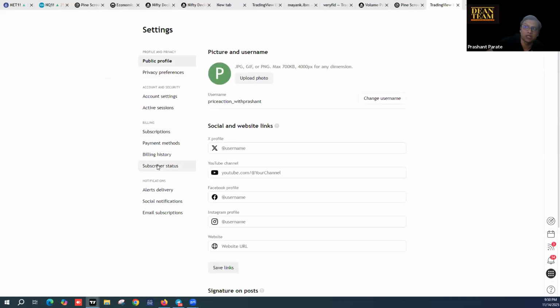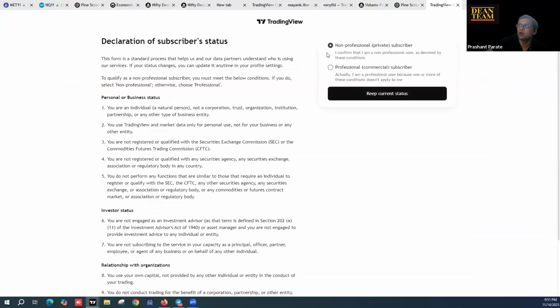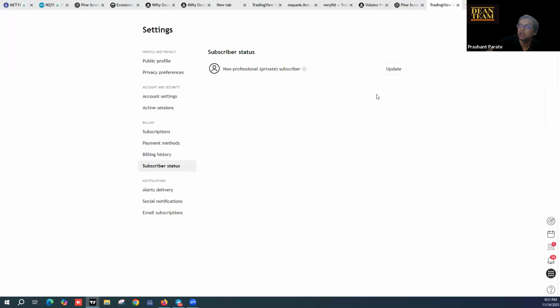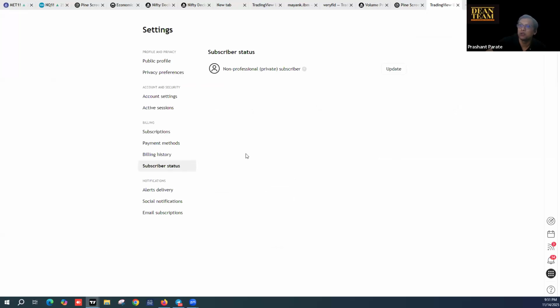In this, you have to go to subscriber status. Okay, here in the settings there is subscriber status. When you click on subscriber status, then update this. Once you update this, non-professional has to be selected, keep current status. So you will get something like this, and you will be able to use Nifty and NSE data live.